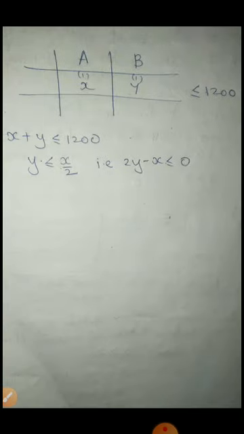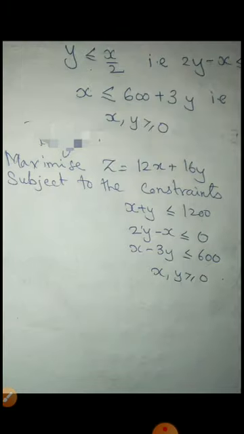I have written it here. So x less than or equal to 600 plus 3y, you will get this. At the last we write maximize z equal to the given function subject to the constraints. Hope these 3 questions are clear to you. Write all the questions in your notebooks with the graphical solution. If any doubt, you can call. Thank you.